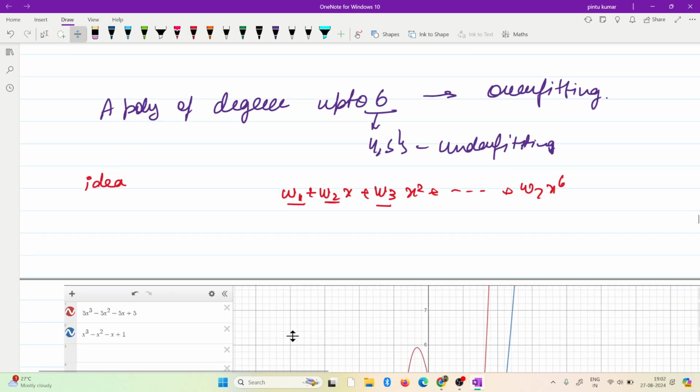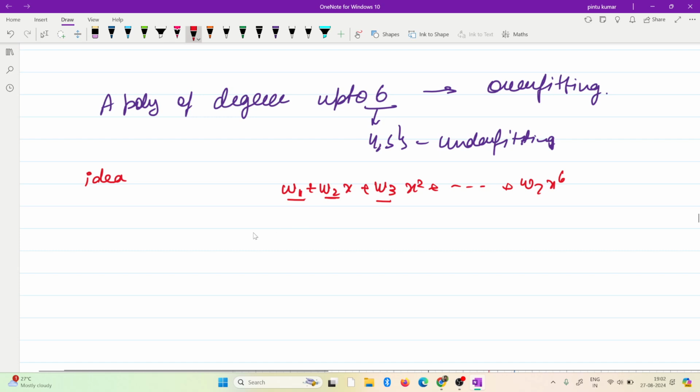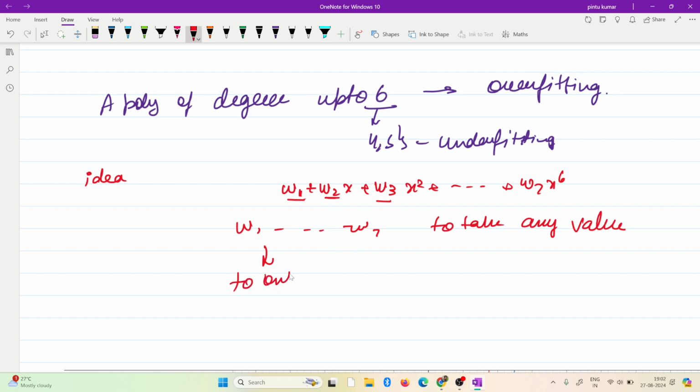Now, right now, what you are doing is you were allowing w1 to w7 to take any value. Let's say what I say is you allow these values to be only small. Okay. So if you take large values of w1 to w7, I'm going to penalize you.